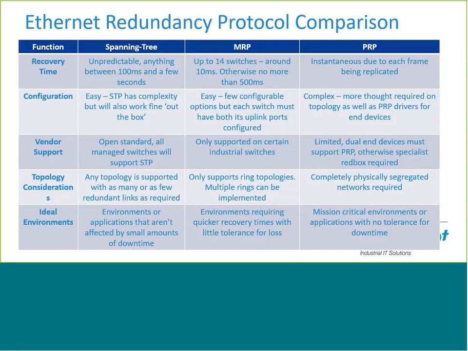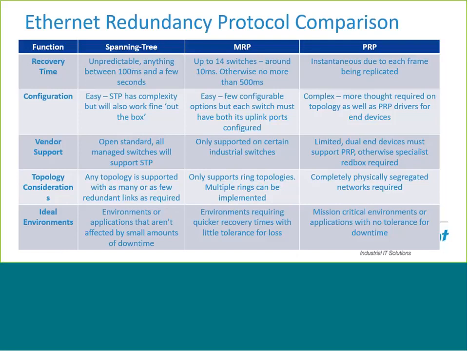Your topology consideration, that's something you really have to think about. What does your topology look like? Is it a ring? If so, nothing's stopping you from running MRP, if you're comfortable that the topology is going to stay as it is. If yours is a little bit more complex, you've got a ring, you've got a bus here and there, you've got a connection from your bus to your ring, and it's a bit more of a mishmash, so to speak, then spanning tree is probably the topology for you.